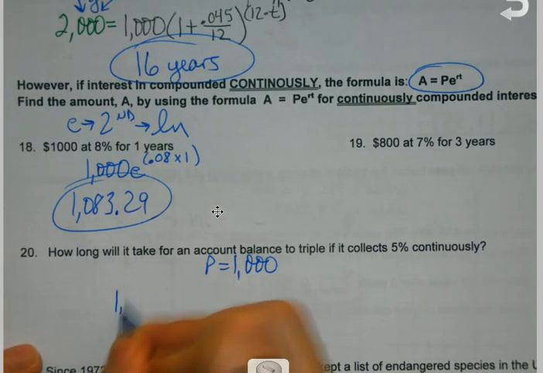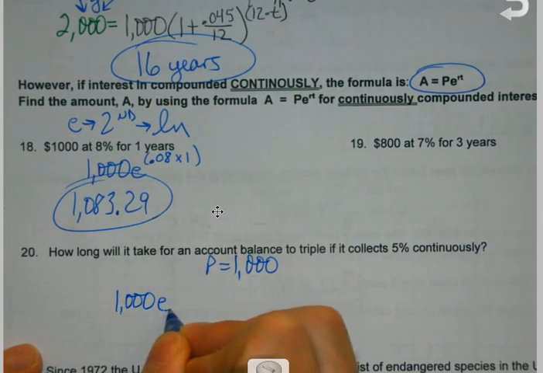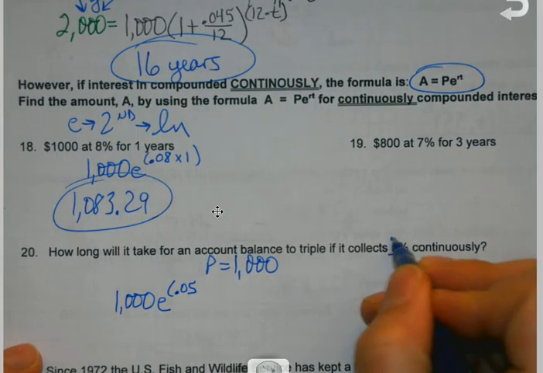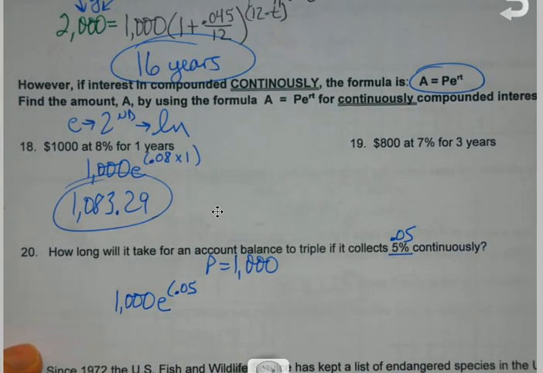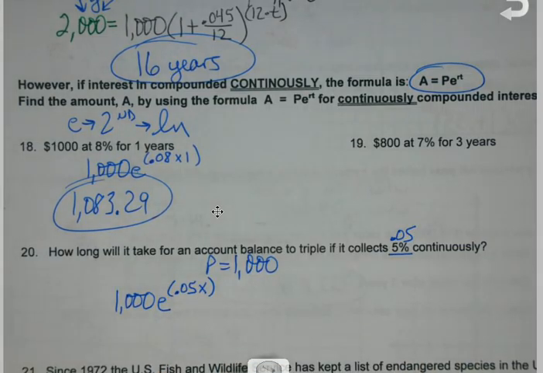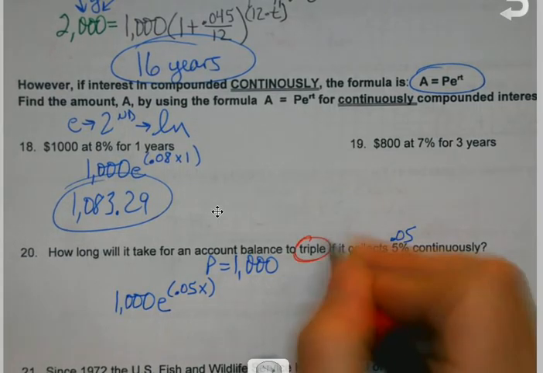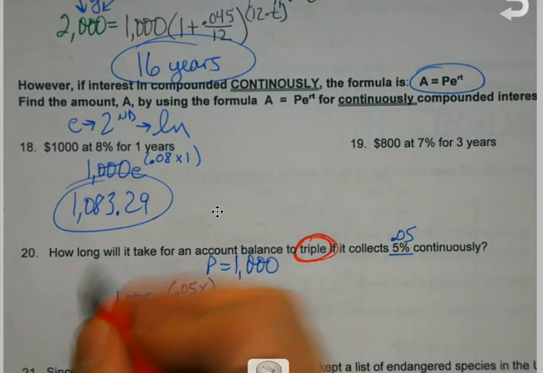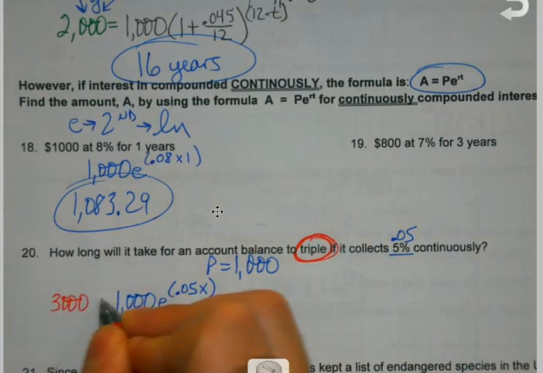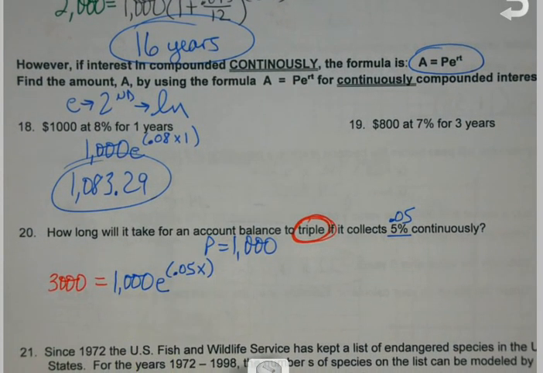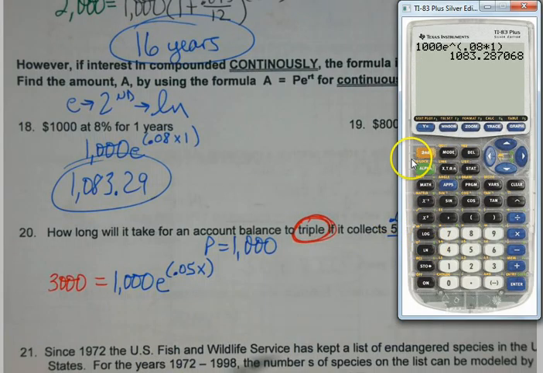So 1,000 E, my rate is 5%, 0.05, and I'll just use X here instead of T because that's what we're going to put on the calculator. If I start with 1,000, I want to know when it triples. That'd be 3,000. Okay. So I type what's in blue in the right side into my calculator and see when it gets to 3,000.